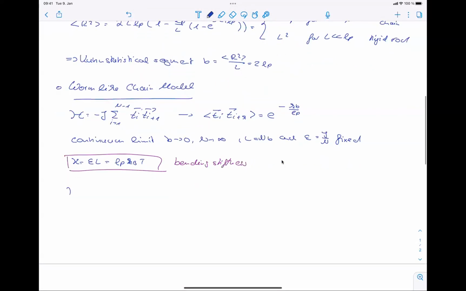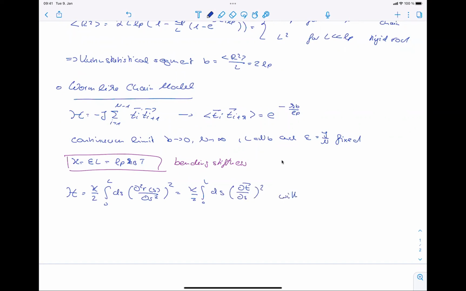And then in this notation, the Hamiltonian becomes what you would derive from an elastic rod, or this would be in the tangent formulation, what you get from the Hamiltonian above.